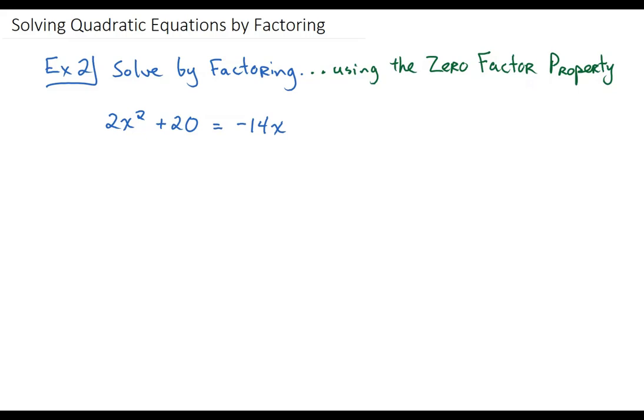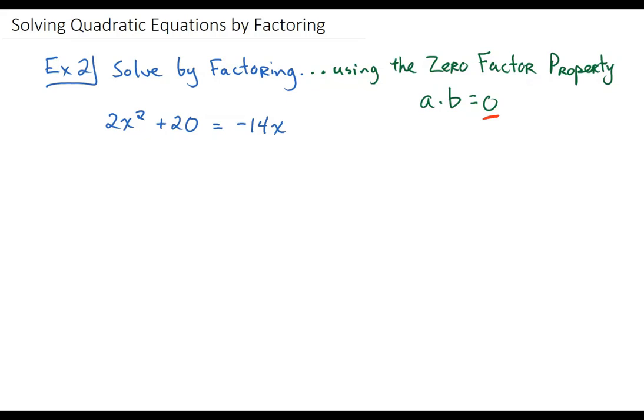So when we're going to solve by factoring, we're always going to be using the zero factor property. And what that means is we need to have one side of the equation equal to 0. For the zero factor property to be true, it's going to be some things multiplied together equal to 0. And so it has to equal 0. Now that equals 0 could be on the left or right, but a product must equal 0.